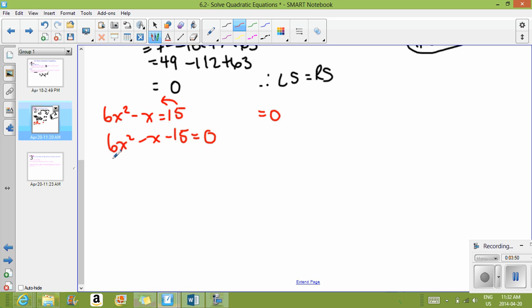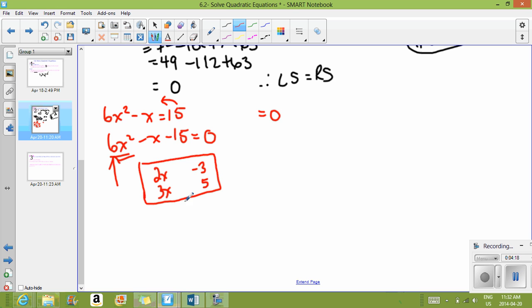Looking at the first coefficient here, this makes it a complex trinomial. So whichever strategy you would like, you could do product sum, so multiply the 6 times the 15, or you could say that the sum is negative 1, or you could do the box method. So I'm going to quickly do the box method. So 2x, 3x, multiply to get the 6x squared. Then we have negative 15, so let's try negative 3 and 5.